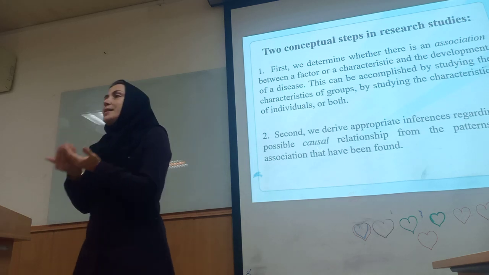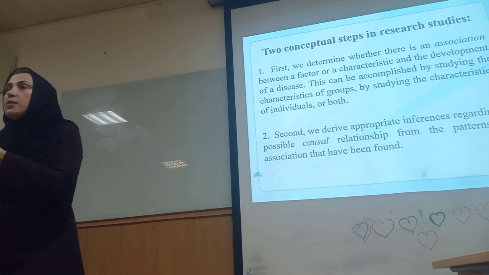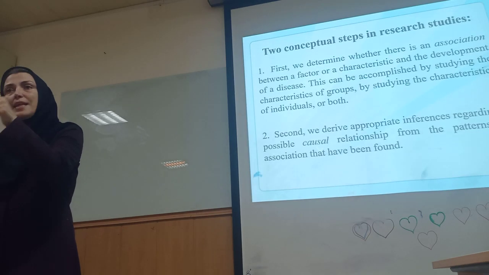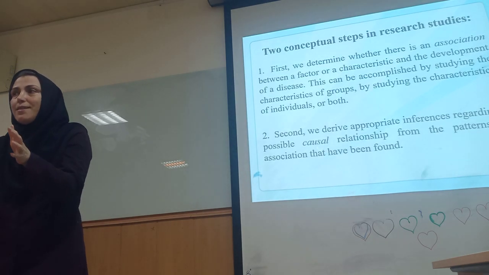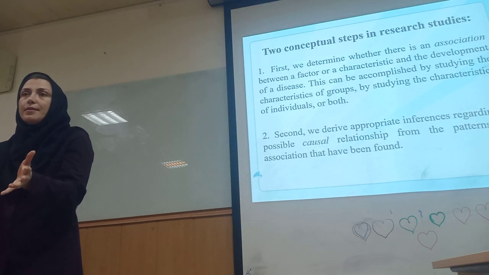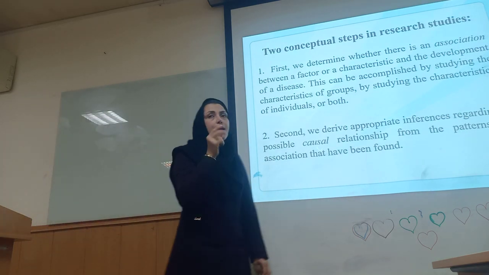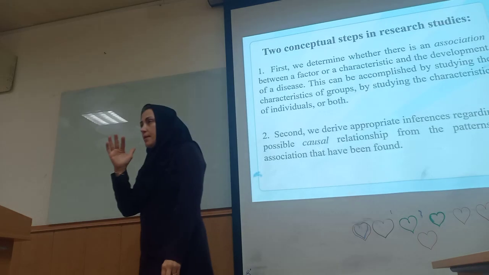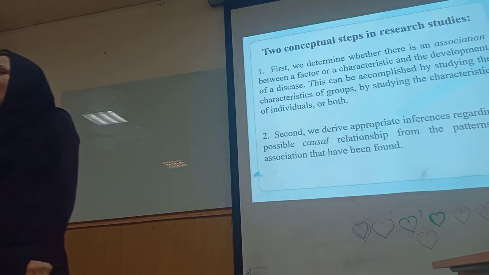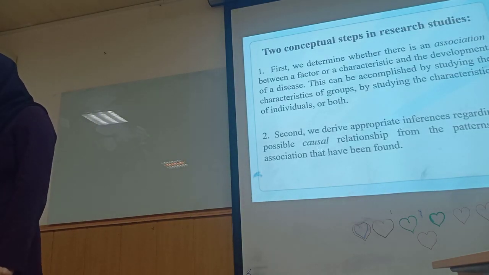After that, in the second step, we want to assess if this association is causal or not. So, if you can find any evidence related to causality, it is a good level of evidence for us.